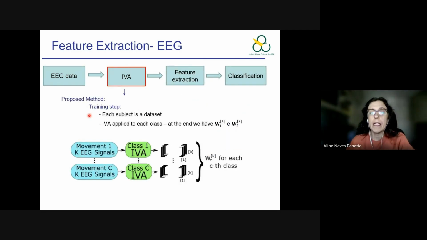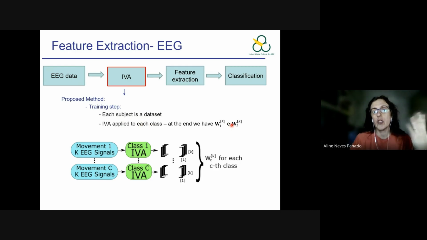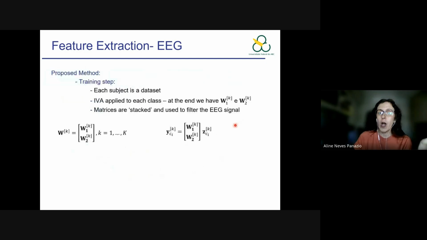So for IVA, in the training step, we considered each subject as being a data set, and we processed the data from all the subjects simultaneously to explore correlation. We applied IVA to each class, so we obtained 2 separating matrices, one W corresponding to the first class and one to the second class. But obviously, when we attain the testing stage, we don't know to which class the signal belongs.